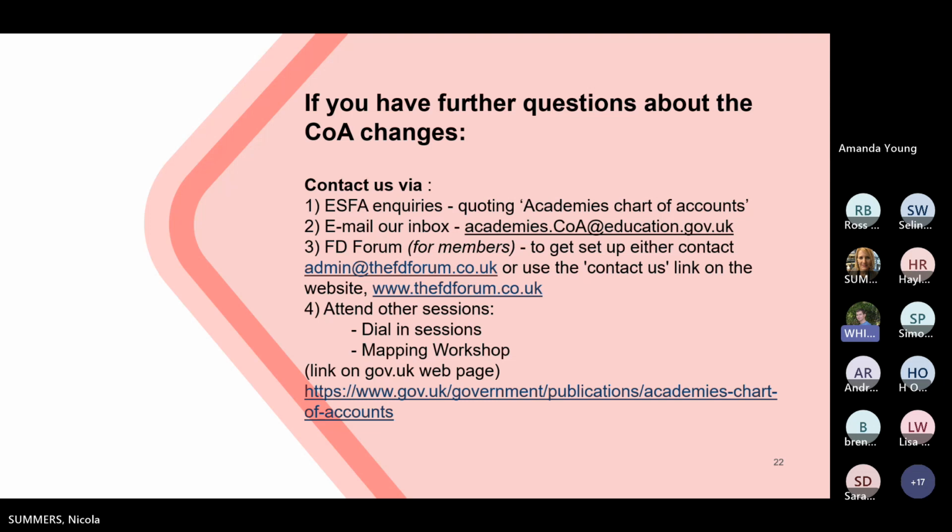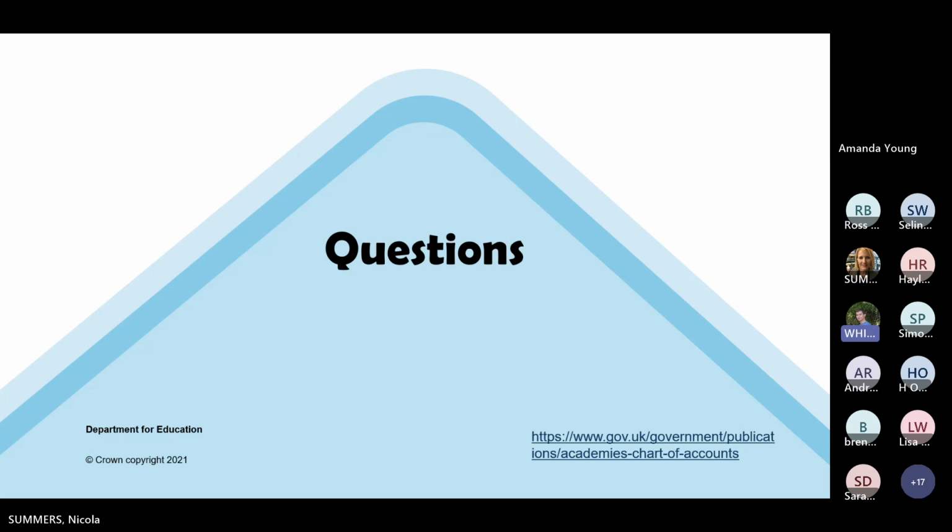But things like dial-in Q&A sessions, mapping workshops, introductory sessions to the chart of accounts, if you've got colleagues that might need to get up to speed. They all go out on our website too, so do check on there regularly, but we do have some more sessions coming up. And then we'll take any questions.